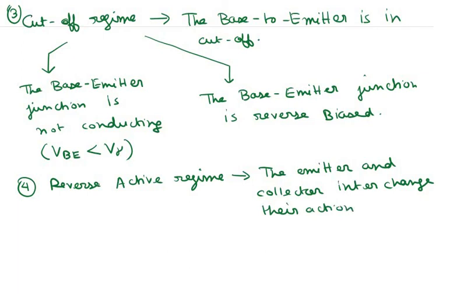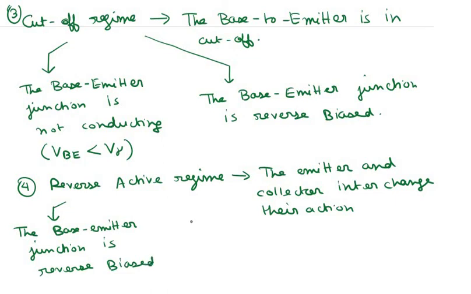The base to emitter junction is in reverse bias state, and the base collector junction is forward biased.